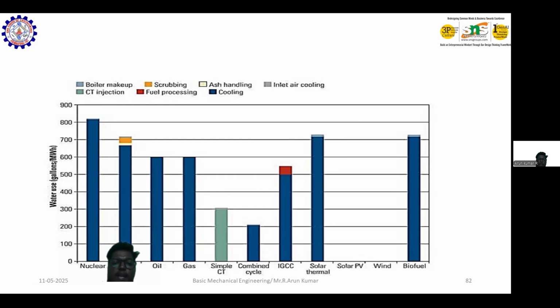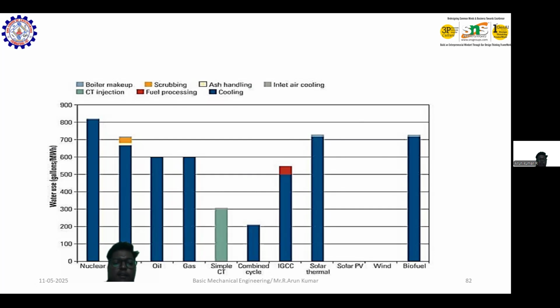Similarly, the simple CT, a full CT engine, is represented in green color, and its cooling water usage is around 300. A combined cycle is around 200.